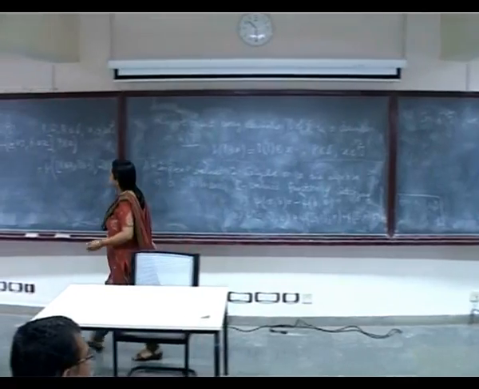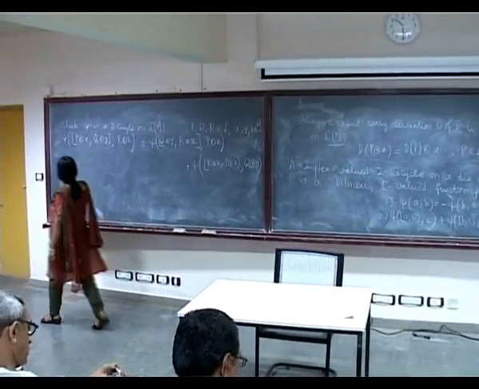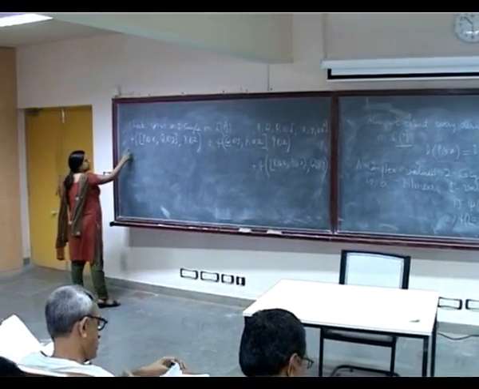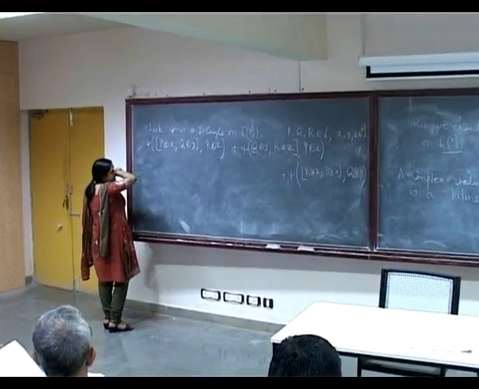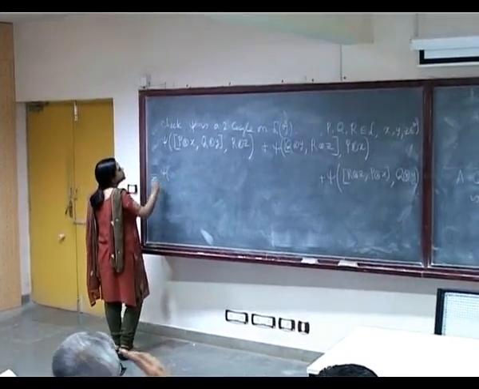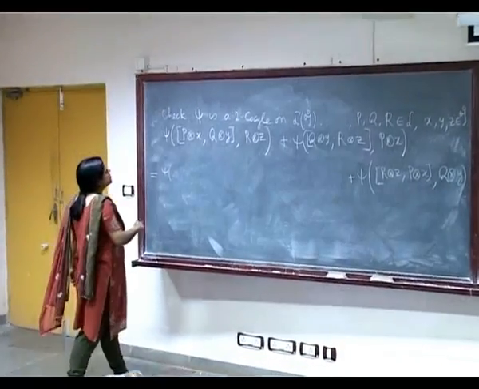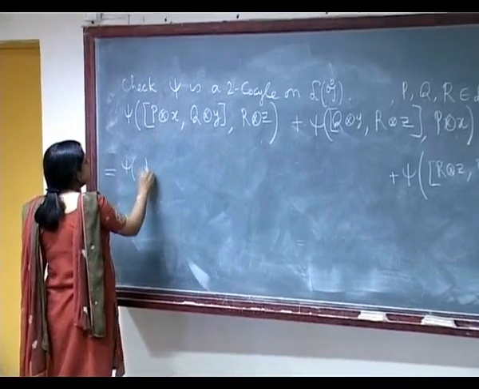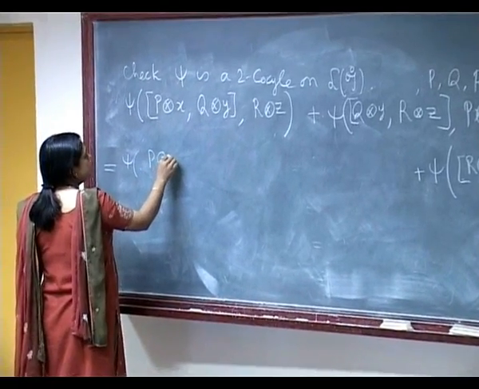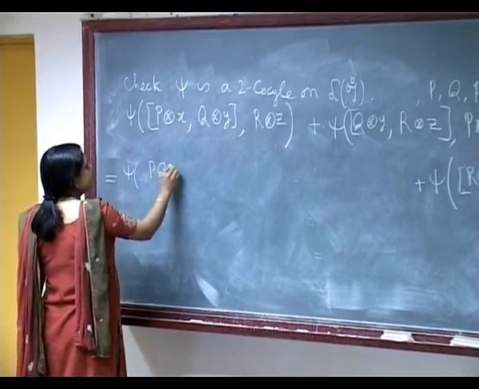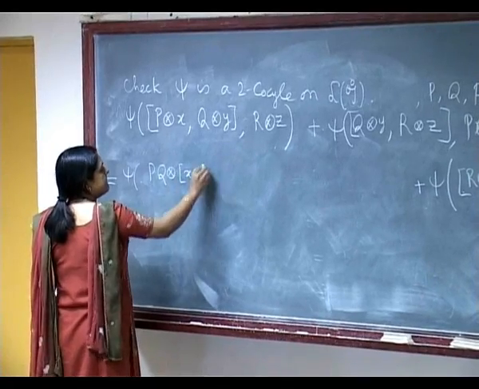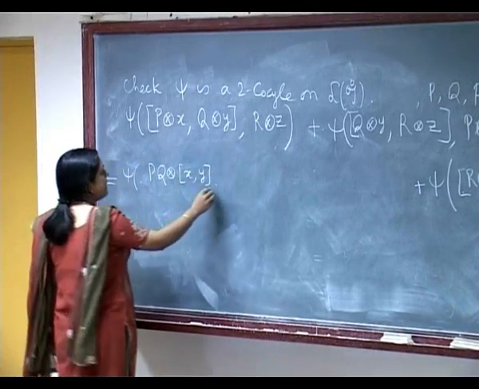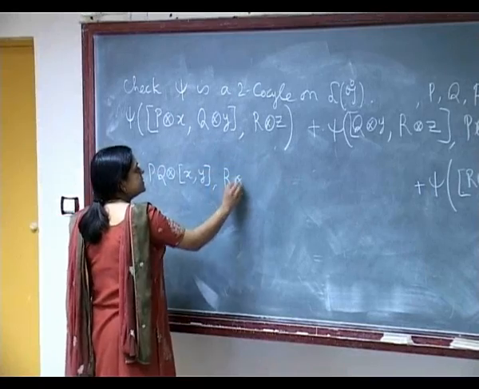All right. So, what is that? This is psi of the bracket of P tensor x and Q tensor y, which is PQ tensor x bracket y, with R tensor z.